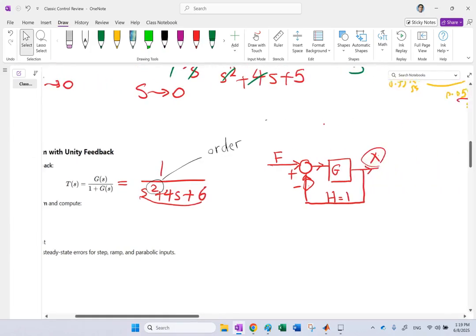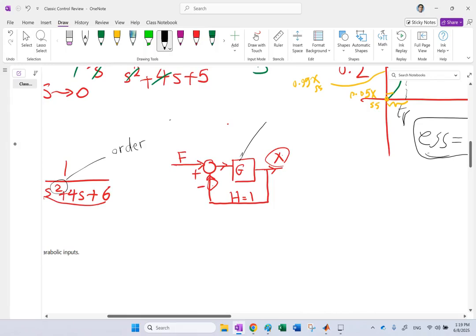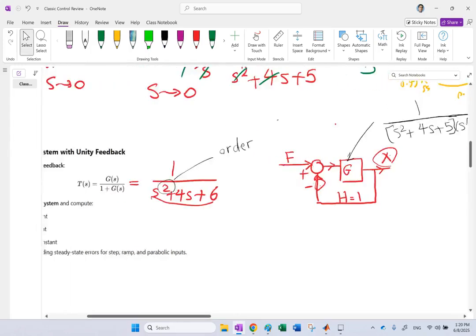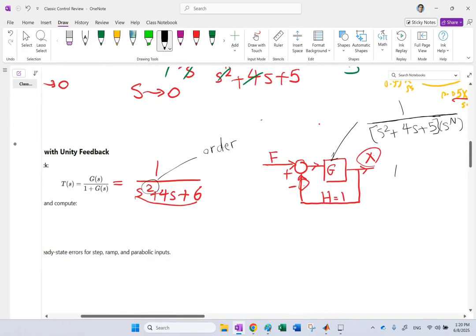So you only look at G. And in this G, if there are any poles at the origin, so it's like S to the N in the denominator, if you have N poles at the origin in the feed-forward transfer function, that N is the type. Now, in this case, clearly S equals 0 is not a root. So in this system, clearly the type of the system is type 0.